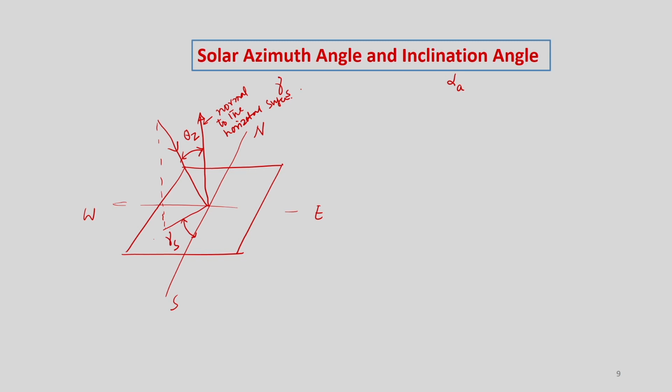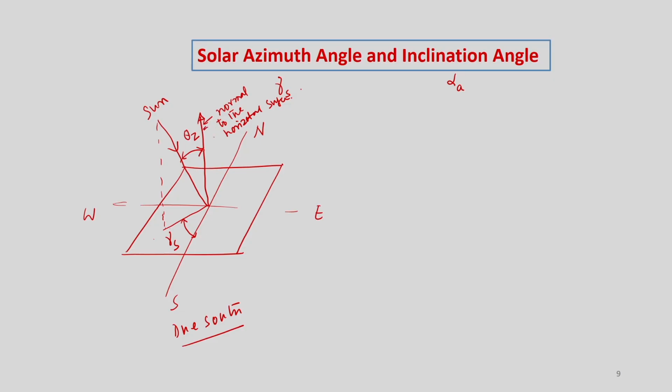So, this angle is the angle made in the horizontal plane. This is due south. So, this is the angle in the horizontal plane. What happens? This is the sun. So, the sun's beam radiation is falling on this horizontal surface, and we have drawn this normal to the horizontal here.